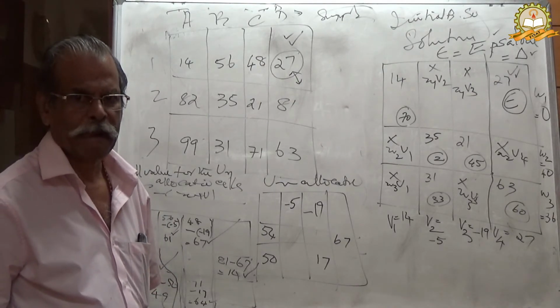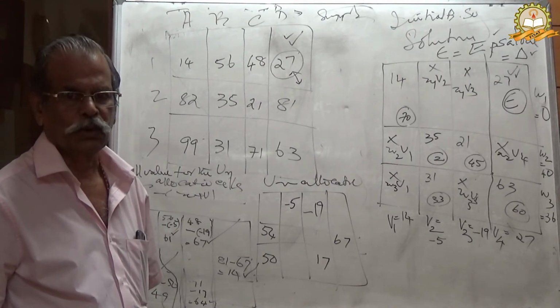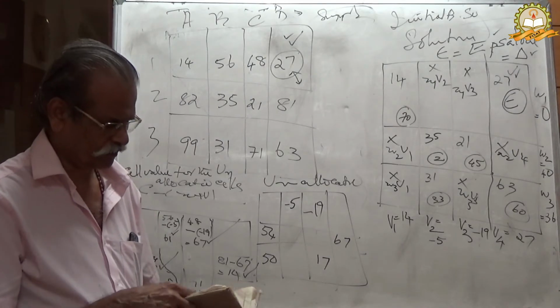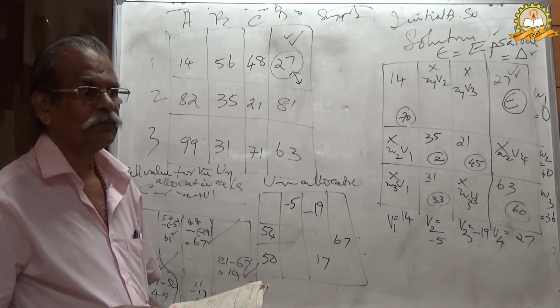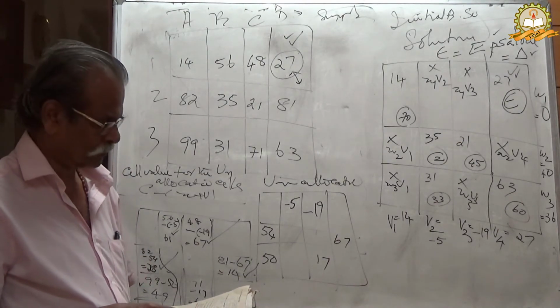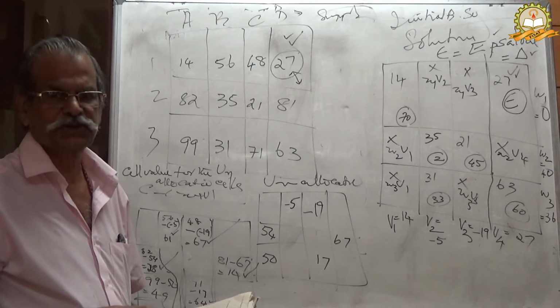Therefore, optimality is final, because all positive values.